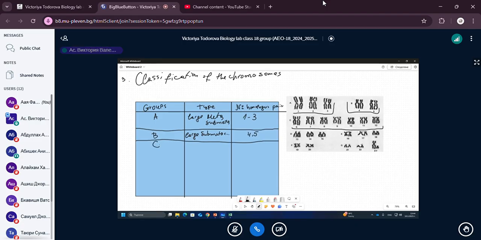Group C, the chromosomes from position 6 to 12, and they are medium submetacentric.